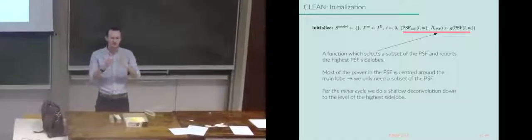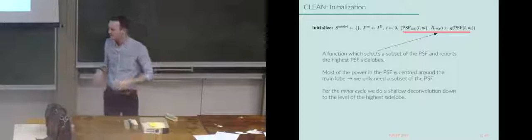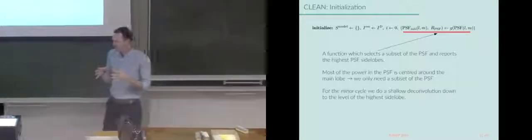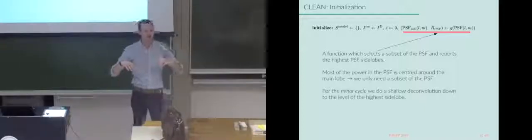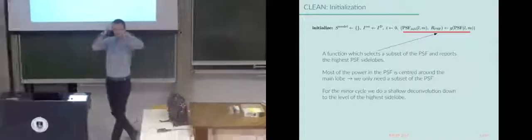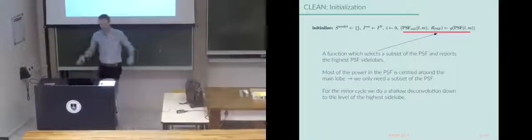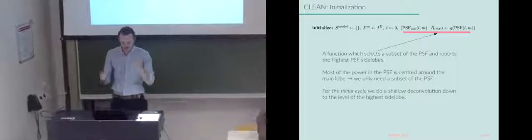The PSF has some main lobes, some side lobes that go out spatially. But really, the most important artifacts of the PSF are that main lobe and those first few side lobes. Everything else adds an effect, but it's very low level because the side lobes tend to drop off as a function of the distance from the main lobe.